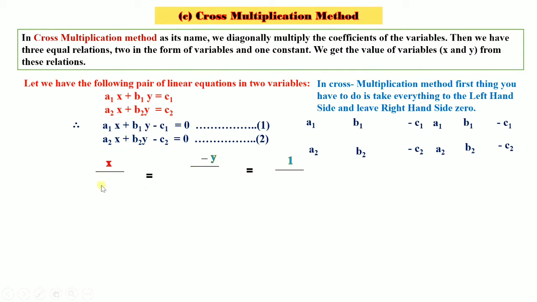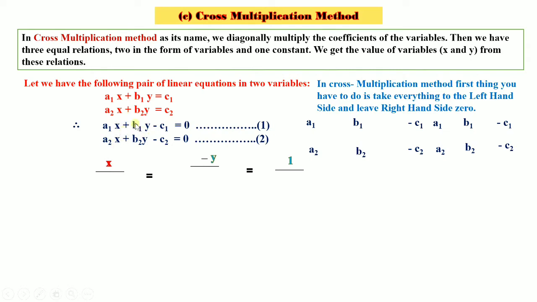Now be very watchful while I am writing these denominators, which is very interesting and tricky also. While writing x upon something, just cover the particular variables and constants, as if it is not written here, it is hidden: a1x and a2x.